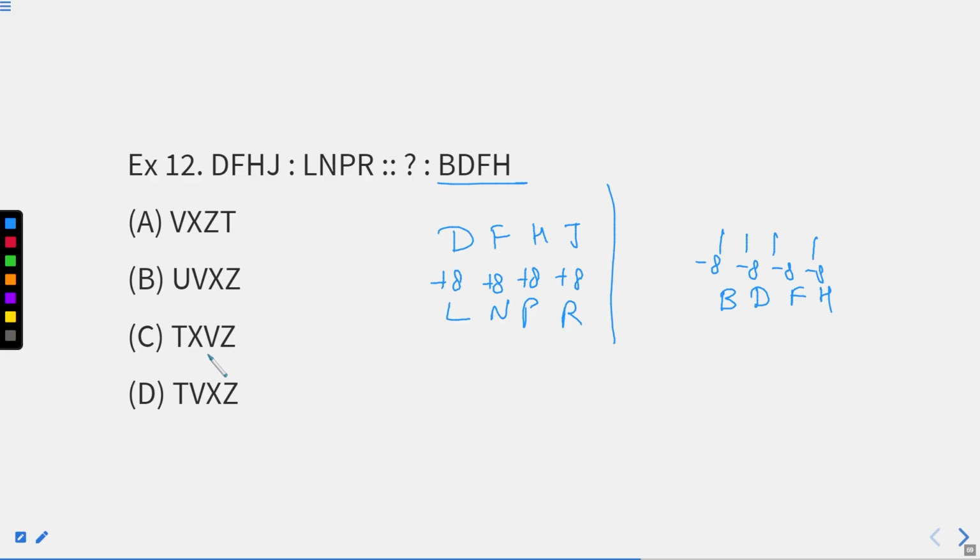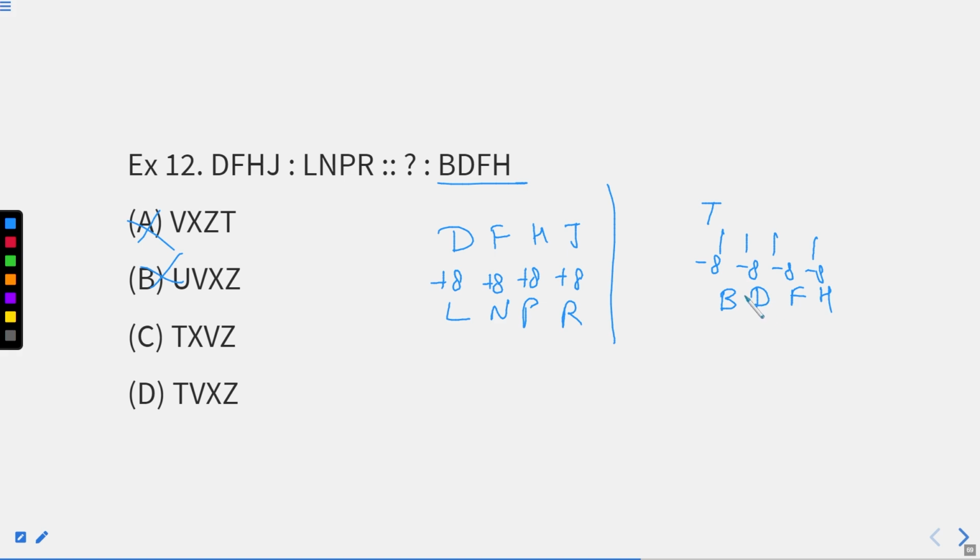Let us do one thing. If we use T, then after D we know U, V, W, X, Y, Z, A, B. It means it is going to be T. It means options A and B are already eliminated. Now we are left with this. Before D, we know D is the fourth one.